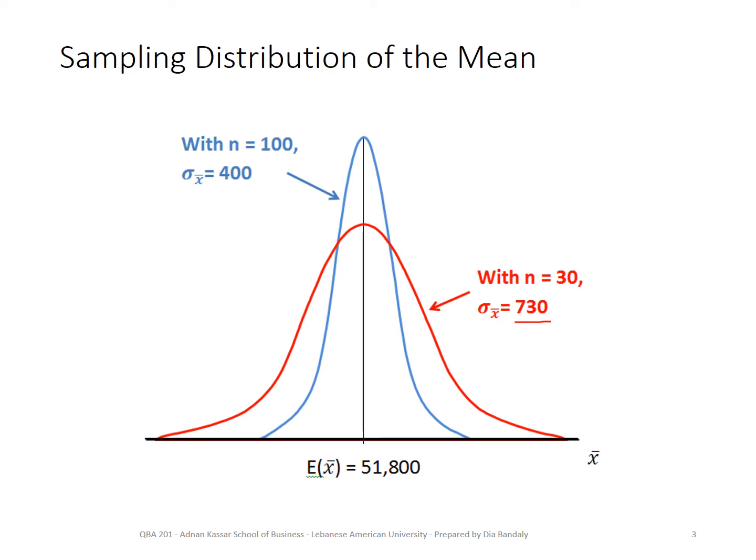Let me show you. For example, if I take any two borders, these are the same values of x bar. Remember, the horizontal line is the axis of x bar. So when I fix these values, I can use them no matter what distribution, what curve, I have on the top. What I'm saying here is I need to find the proportion of values of x bar that lie within this range.